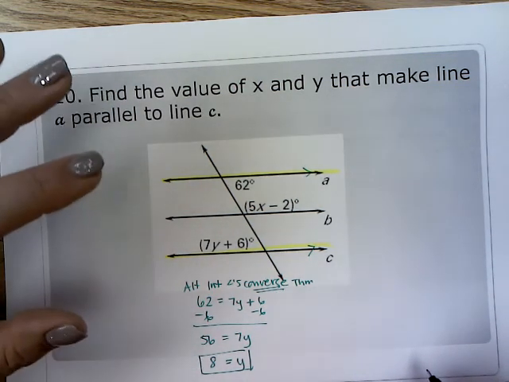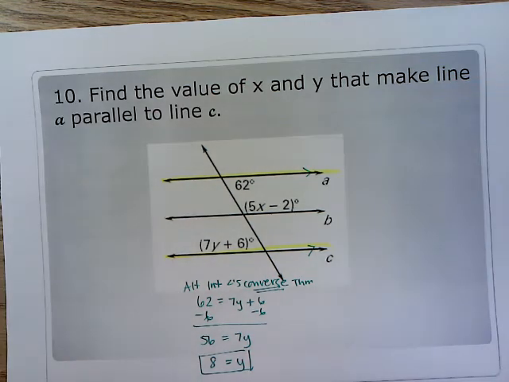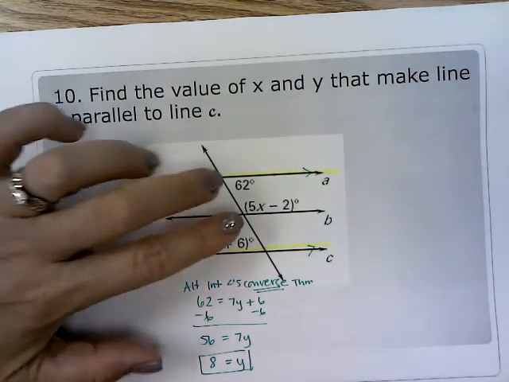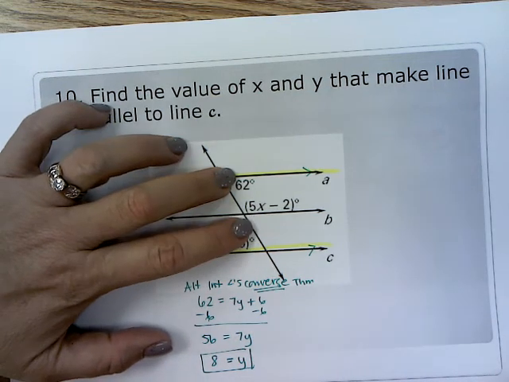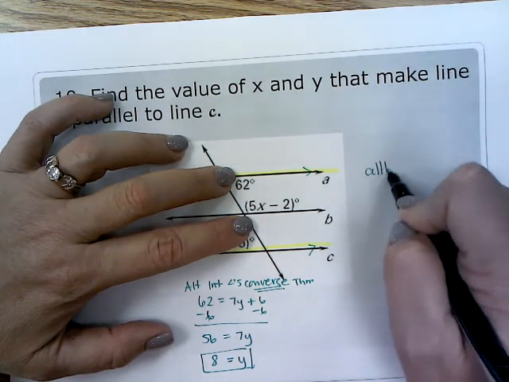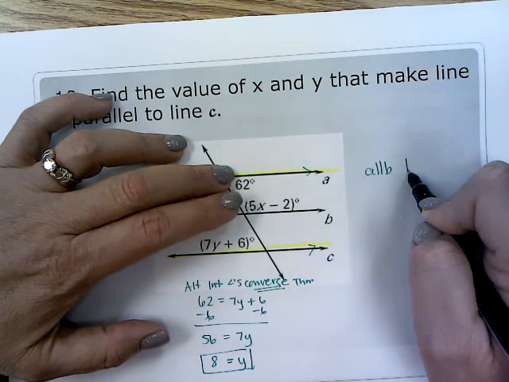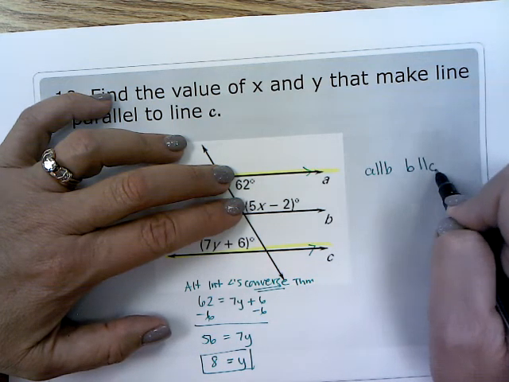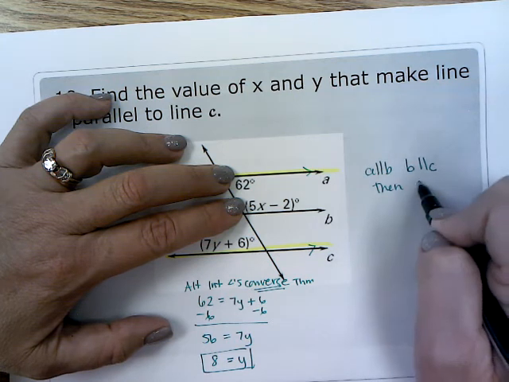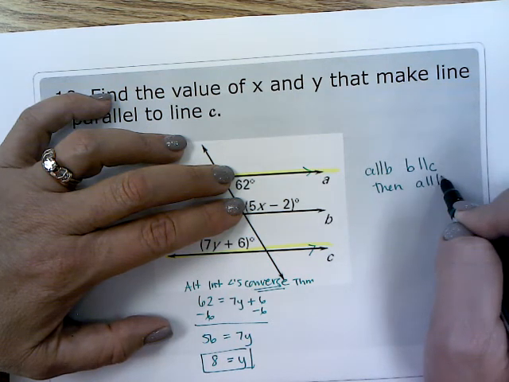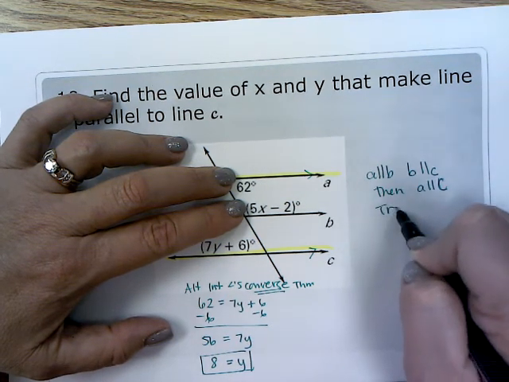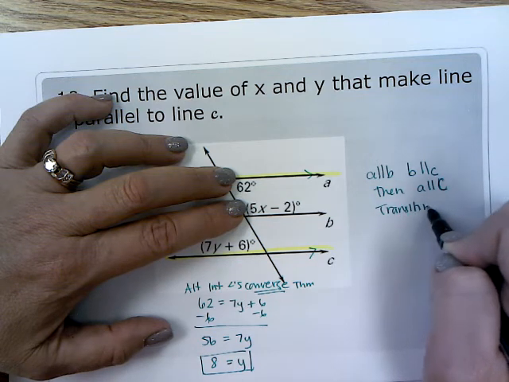Now, if I can prove that A is parallel to B and that B is parallel to C, then A would be parallel to C based on the transitive property of parallel lines.